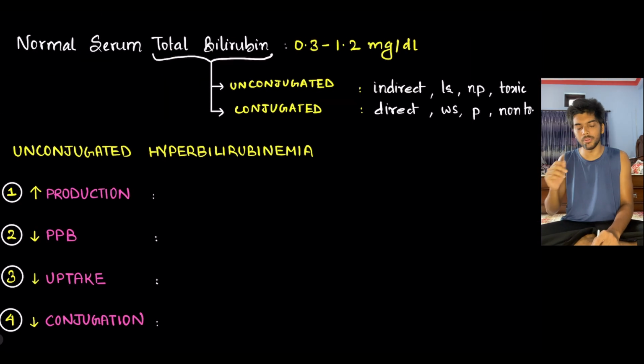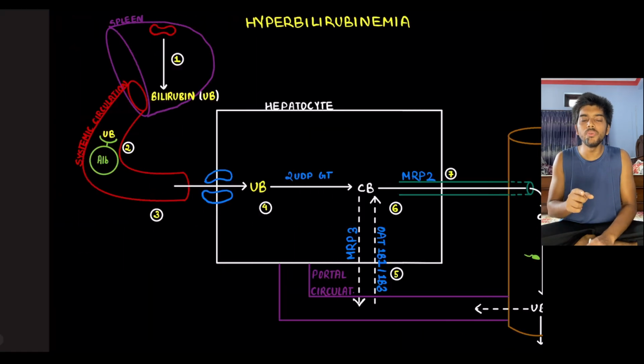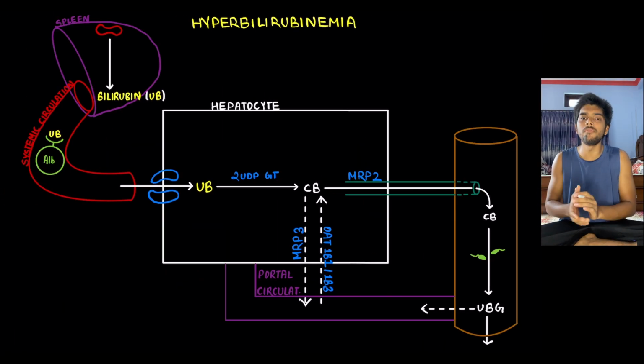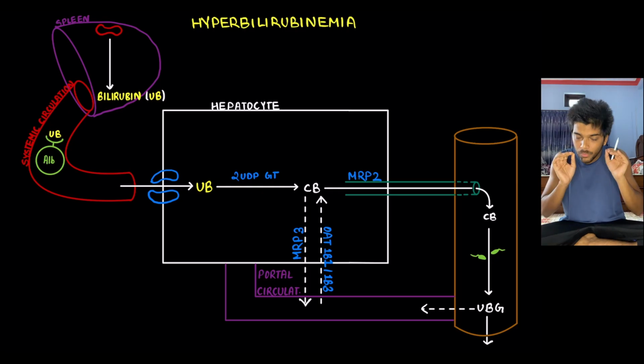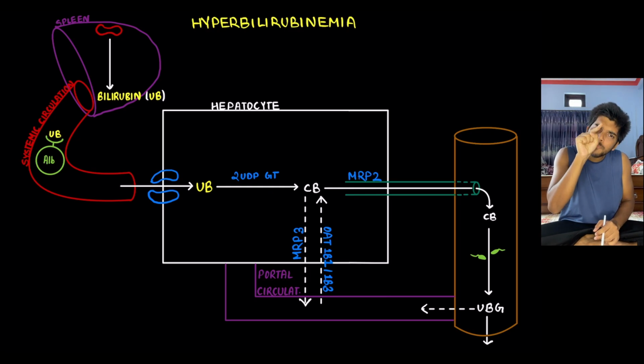Simple. All right. Now the question is, what leads to an increase in bilirubin in the body? For that, you need to know the story of the metabolism of bilirubin. And fortunately, we have already learned that. Now, in this story, there are specific points where pathological defects occur that lead to hyperbilirubinemia.